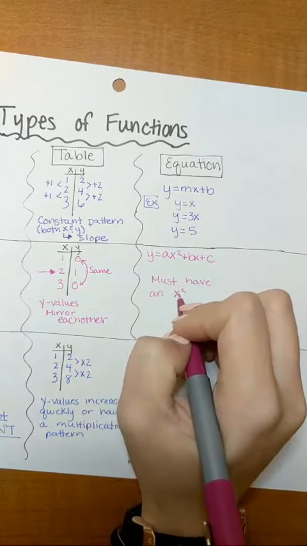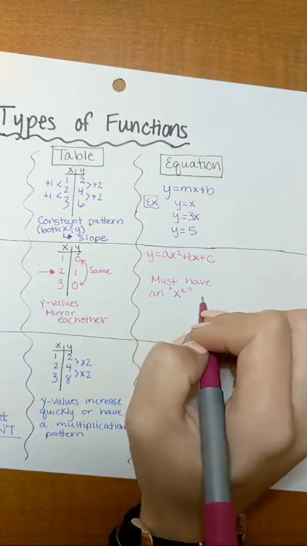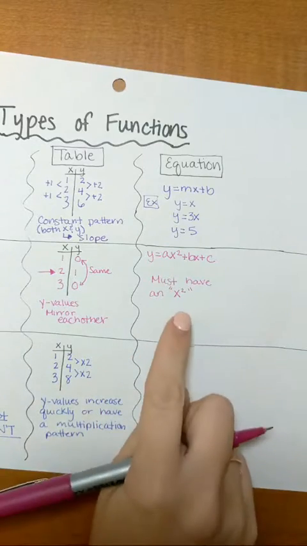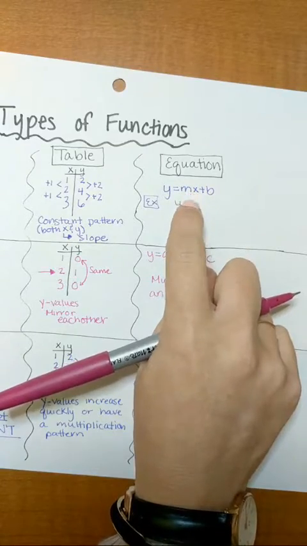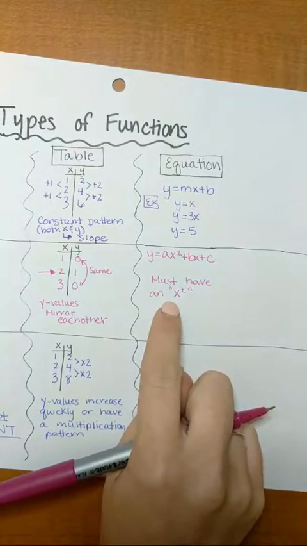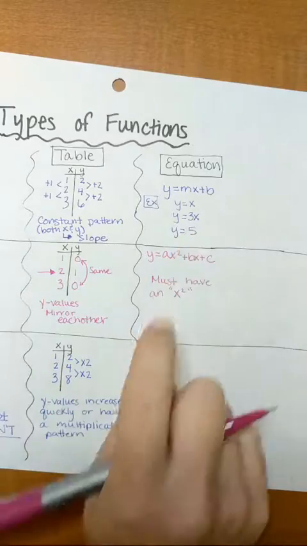So if it doesn't have an x squared, then it is not considered quadratic. So that's the difference between the linear and the quadratic equation, is that this one is squared and linear is not.